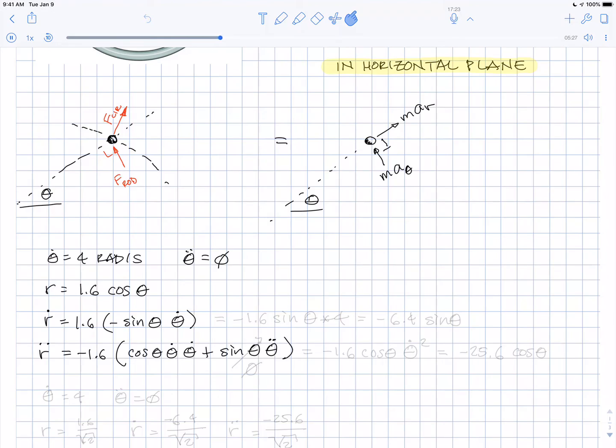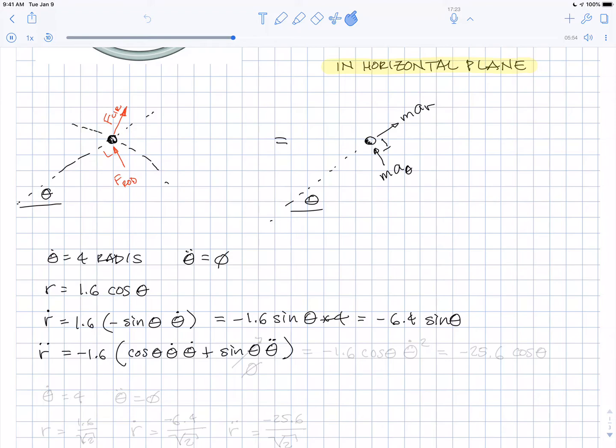Okay, so I'm going to put in theta dot and theta double dot. So r dot is minus 1.6 sine theta times 4, and that equals minus 6.4 sine theta.